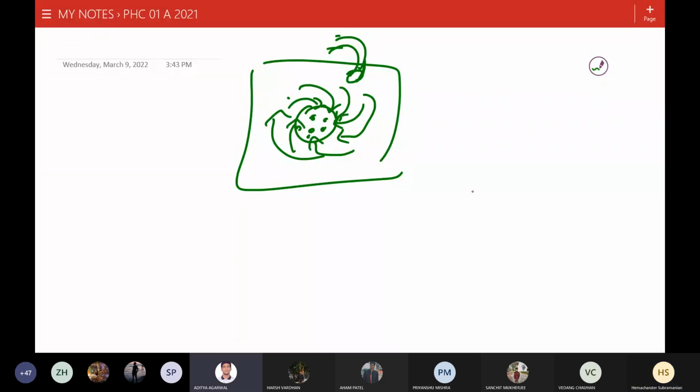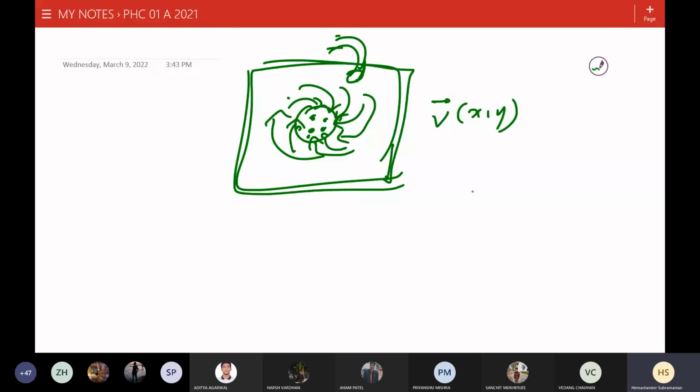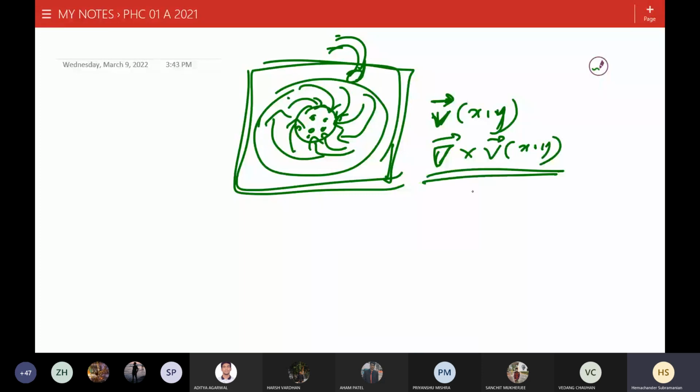Now you can measure the velocity of the water at every point x comma y within this surface. At every point, the water has a velocity v. If you want to measure how much this water is circulating around, then you can just say curl of v x comma y. This will tell you how much the water is circulating.